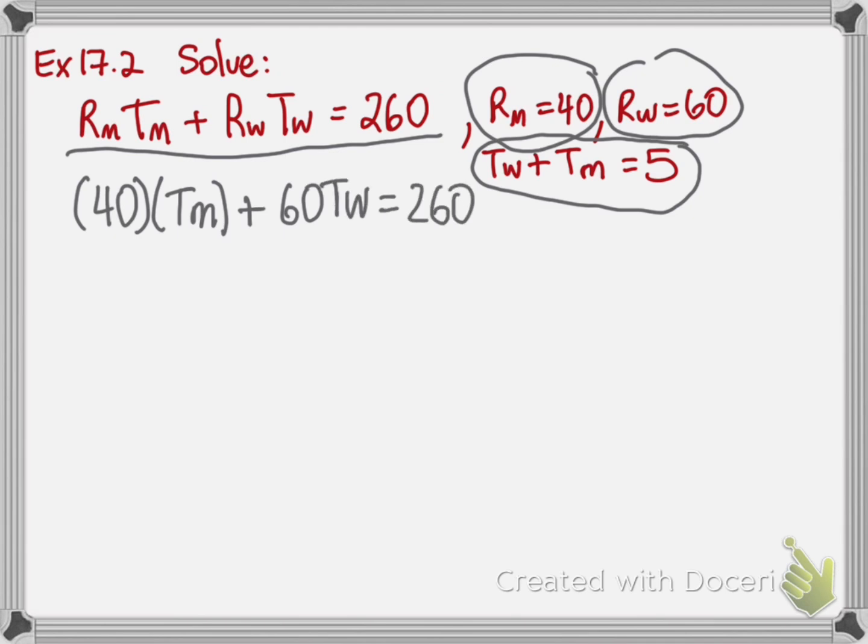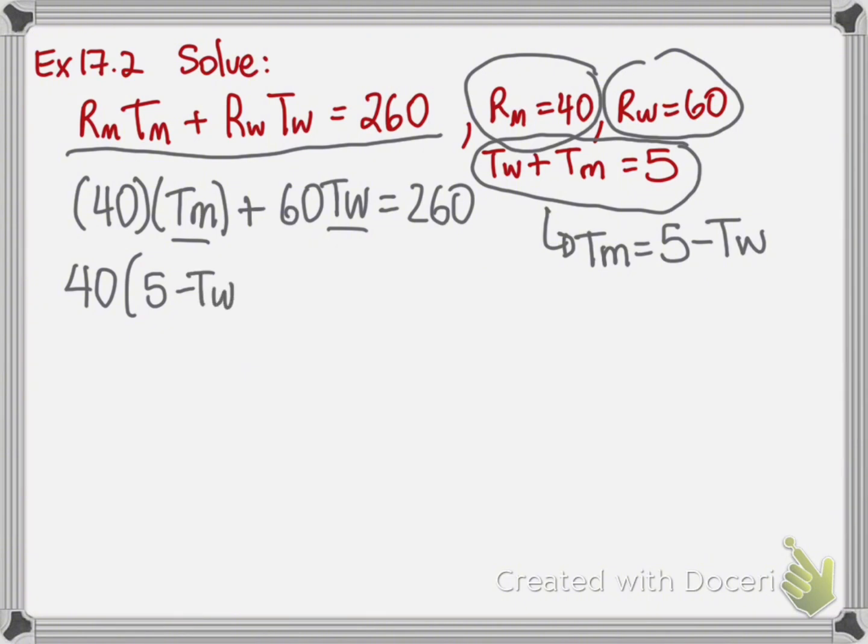Now we can't solve that because we still have two different variables, but we could from here pass one of the variables to be in terms of the other one. So if I pass the TW that is adding to subtract, now I have TM in terms of TW. And so what we're going to do is we're going to change the TM for 5 minus TW.